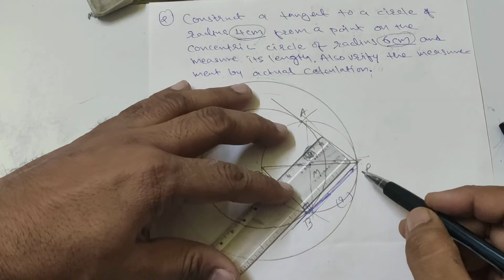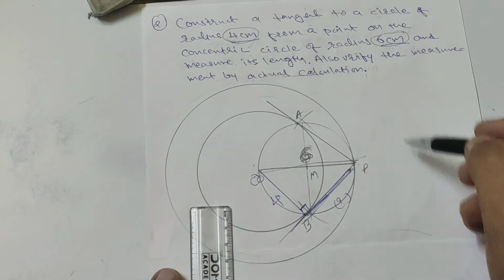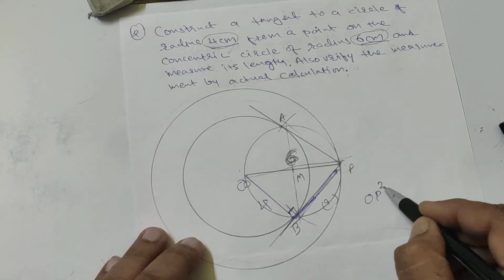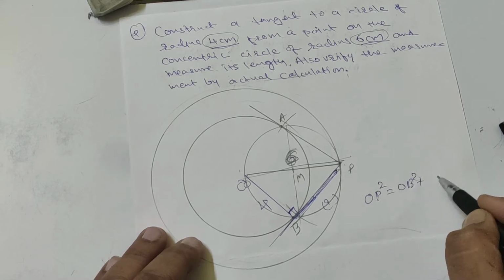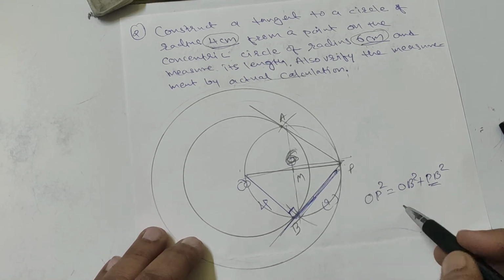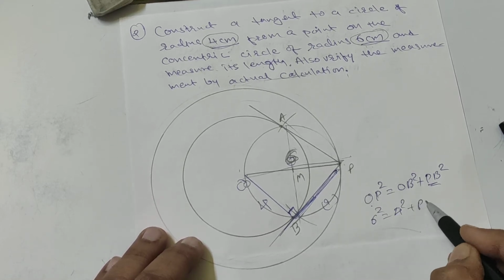So you have to measure this length of tangent using a scale, and you also have to verify by doing calculation. OP square is equal to OB square plus PB square. Here PB is my length of tangent. OP is 6, so 6 square is equal to 4 square plus PB square.